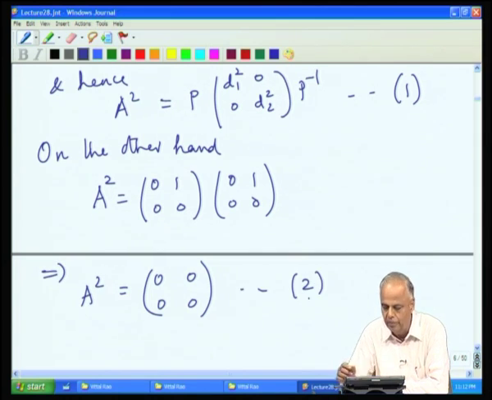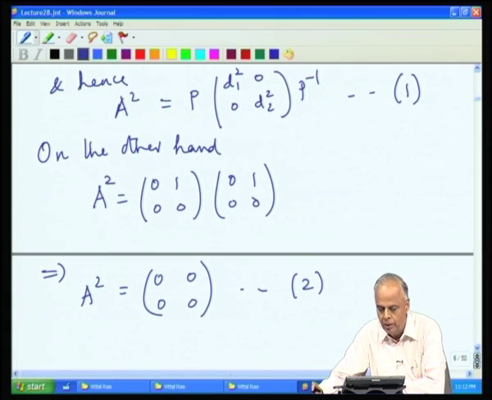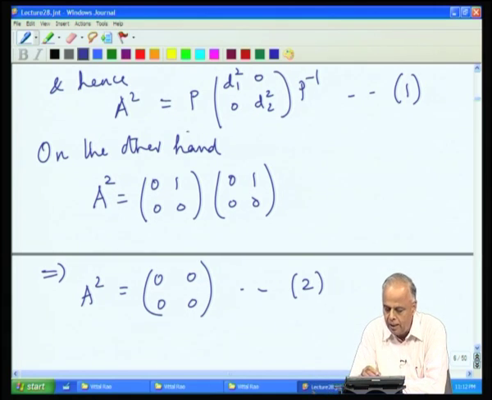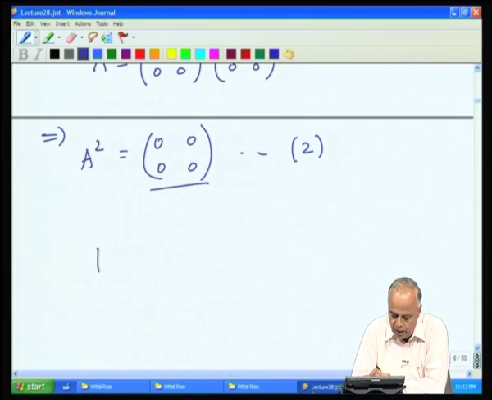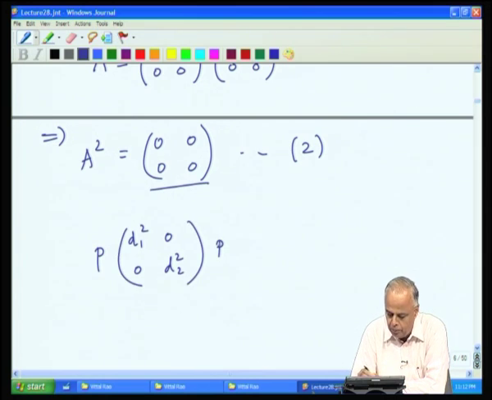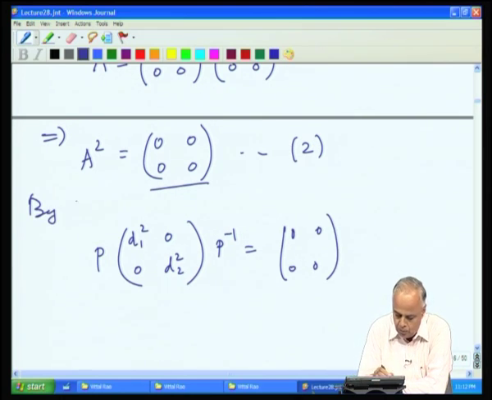Therefore, if we compare 1 and 2, we see that the right hand side here must be equal to the 0 matrix. So we get P into D1 squared, 0, 0, D2 squared into P inverse is the 0 matrix. This is by 1 and 2.